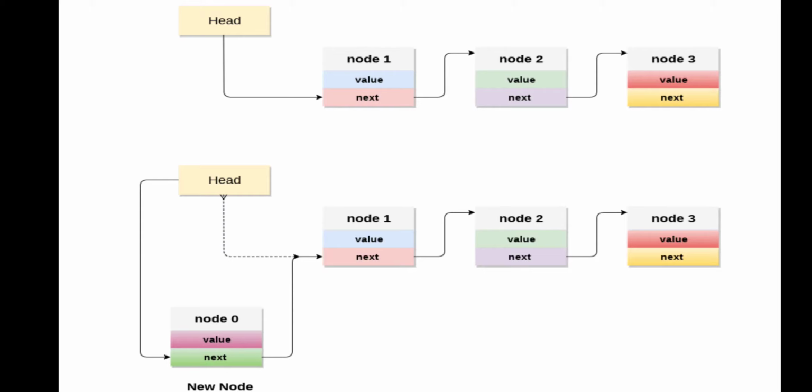After adding node 0's next field to node 1 and the head node's next to node 0, you have to delete these dotted lines. So that represents the new list. So head next to node 0, node 0 next to node 1, node 1 next to node 2, node 2 to node 3, like that. Okay, this is adding a new node to the top of the stack.